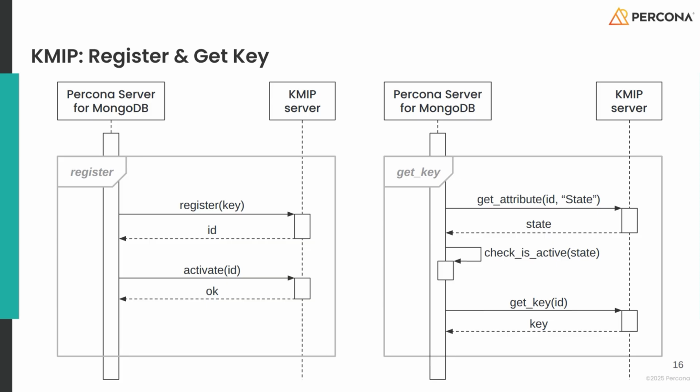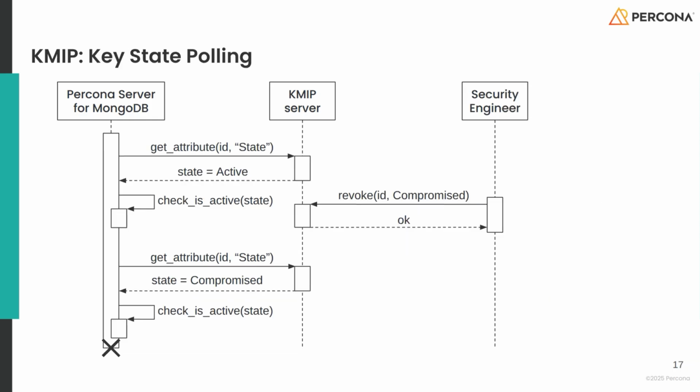But checking a key state is not limited to a starting phase. A running node of Percona Server for MongoDB, in parallel with serving user queries, periodically requests the state attribute for the key from the server and checks that this state is still active. That is called key state polling and happens every 15 minutes by default.